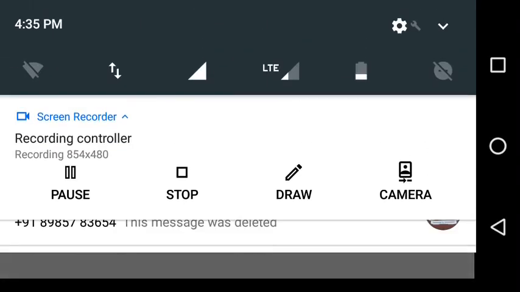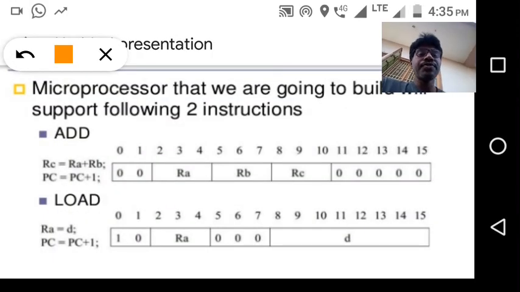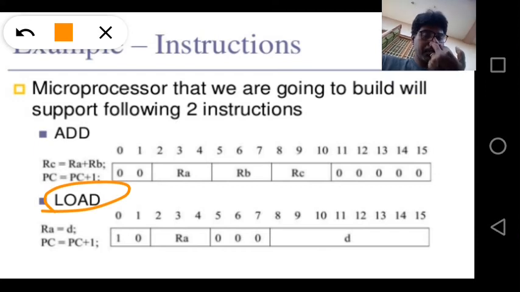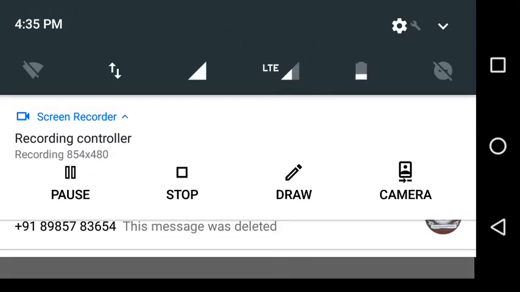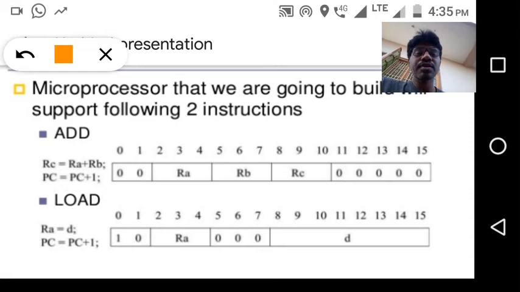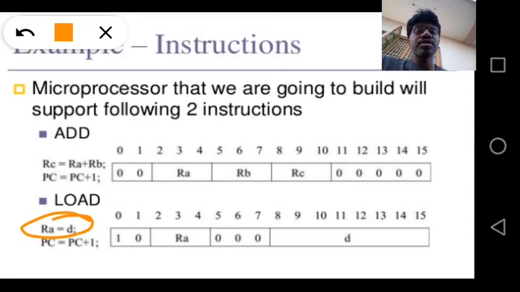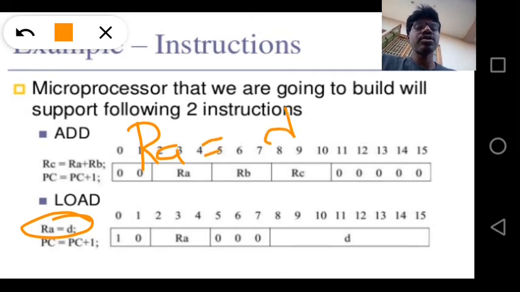Similarly, this is for add. Similarly, for the load instruction, load means load the content to the accumulator. So if you want to load, let's assume RA is the accumulator, load the value of D2 in RA.